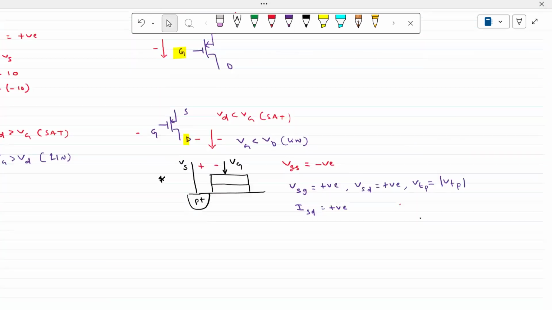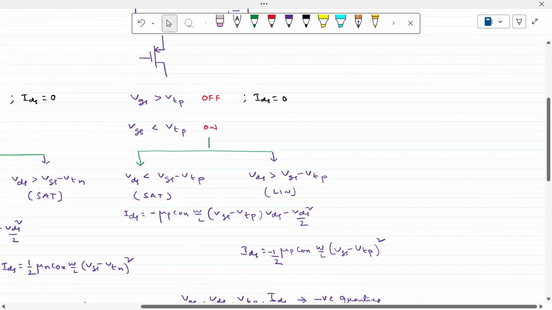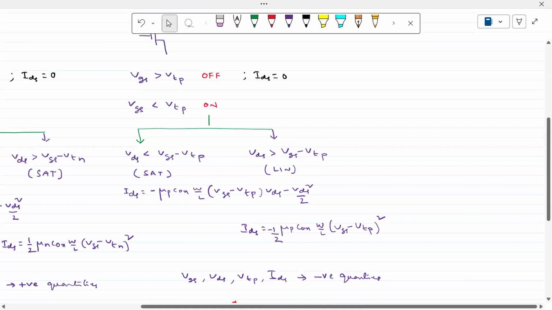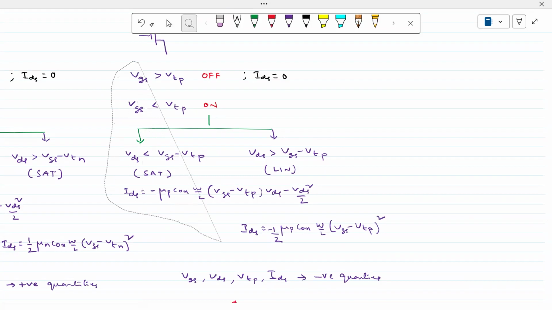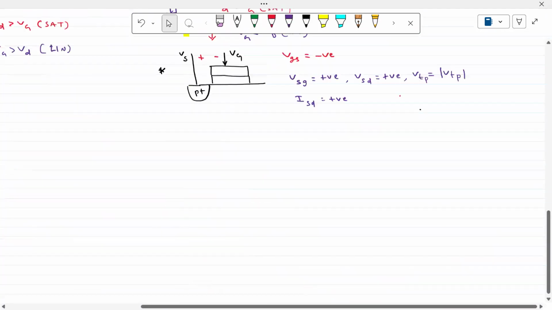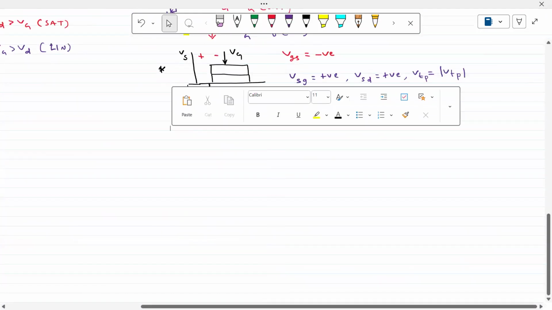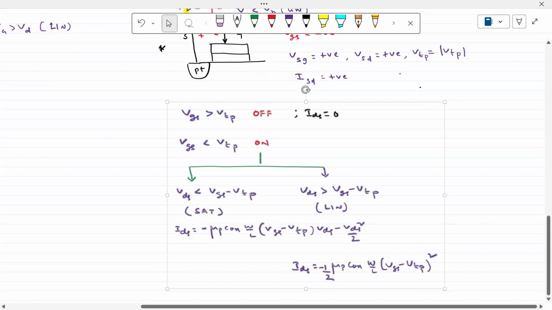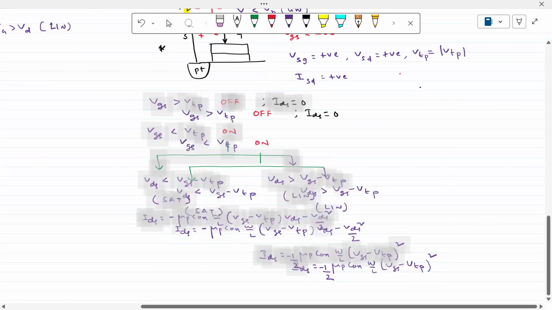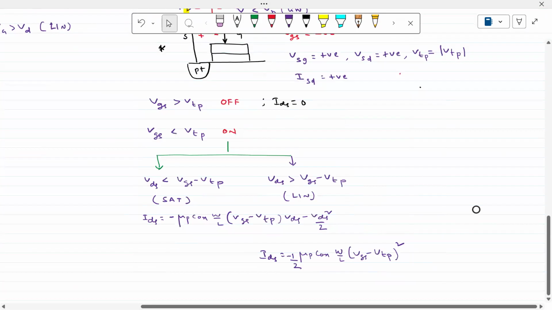Let me write all these equations again. What is this equation? Let me copy this one, for the sake of reducing the time. Come here and keep it here. Please let me know what changes. Let us write here what changes according to the VSG.